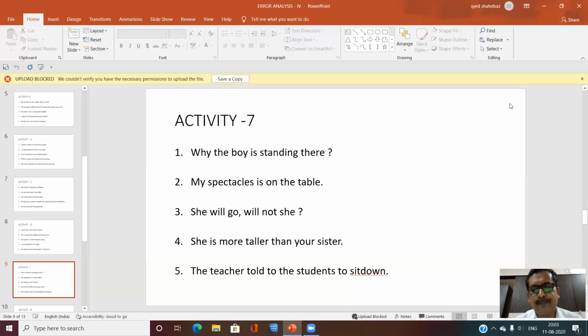Won't she? She will go, won't she? Won't she is the correct question tag. The contracted form has to be used in the question tag, not the full form.